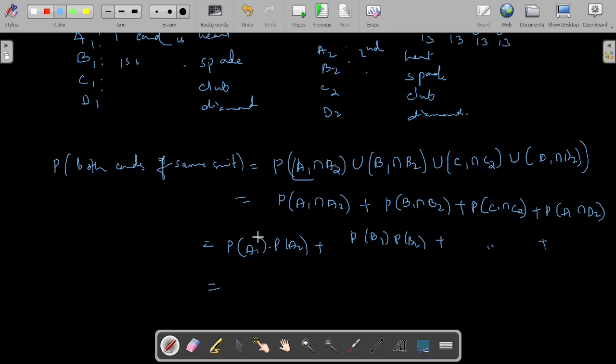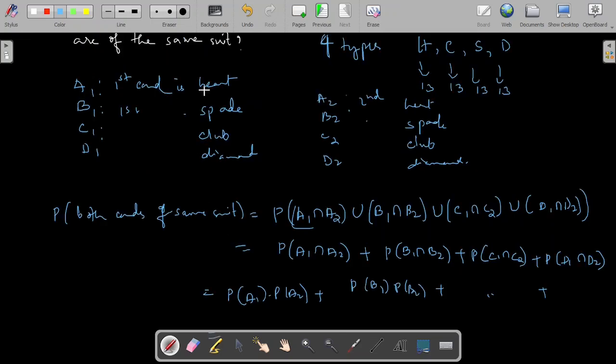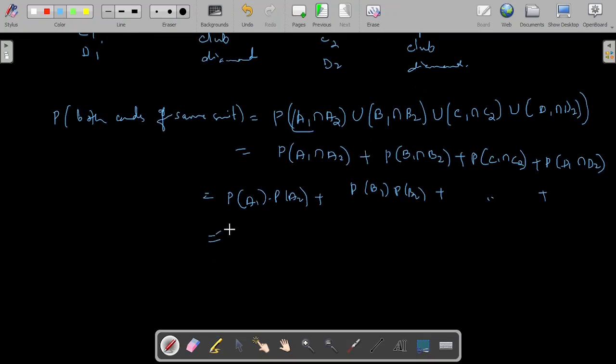So what is the probability of first card drawn is heart? How many heart cards? 13 divided by total number of cards 52 into second drawn card is also heart. This with the replacement, again 13 cards available and total 52. Here also same, 13 by 52 into 13 by 52 plus 13 by 52 into 13 by 52.